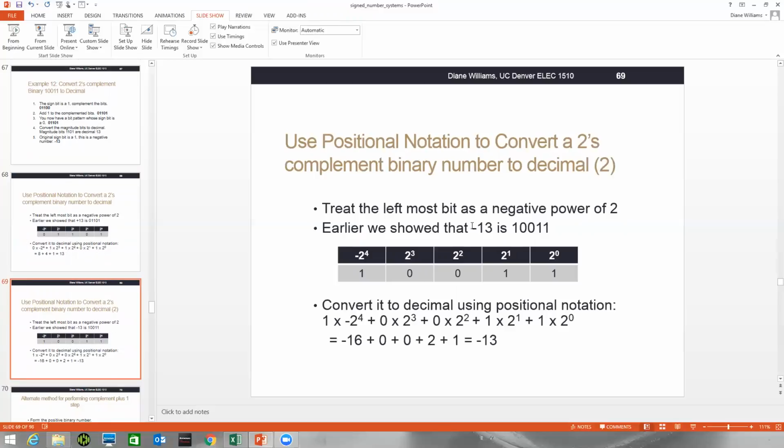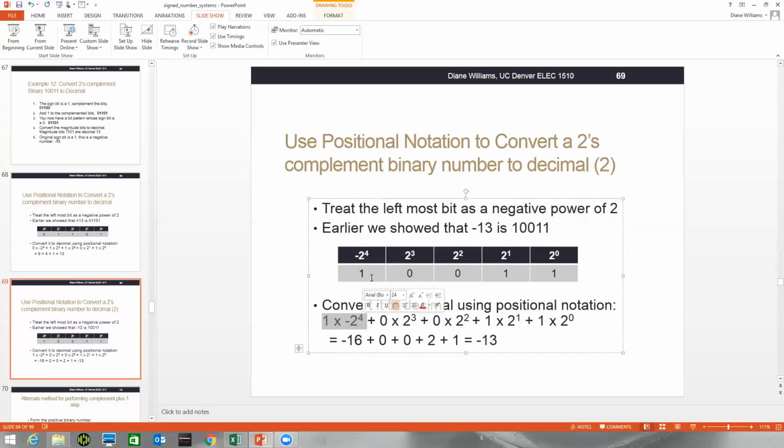So earlier we showed that minus 13 was written as this. Right? Well, once again, let's treat the positions as this is minus 2 to the 4th, 2 cubed, 2 squared, 2 to the 1st, 2 to the 0. Remember we said this was our pattern, so we take this number and convert this to decimal. So we take this 1 and we say this is 1 times minus 2 to the 4th.